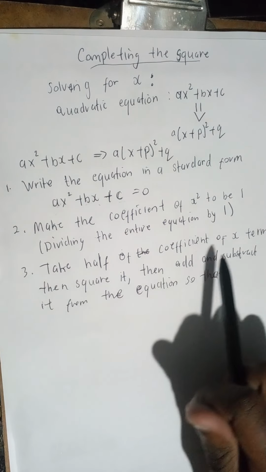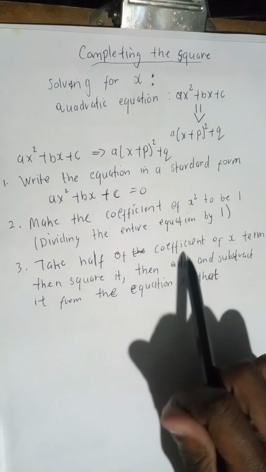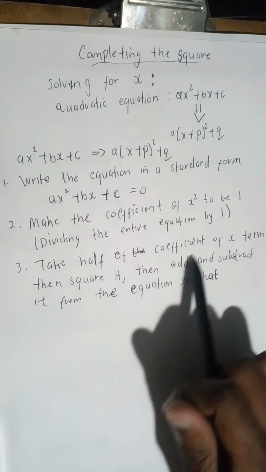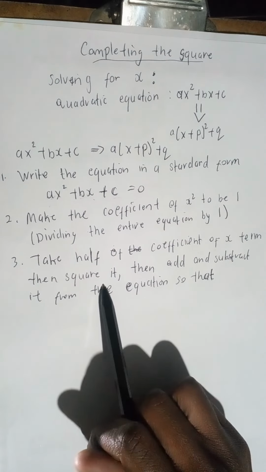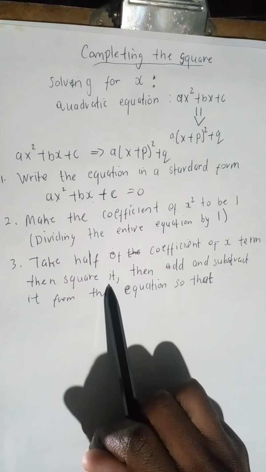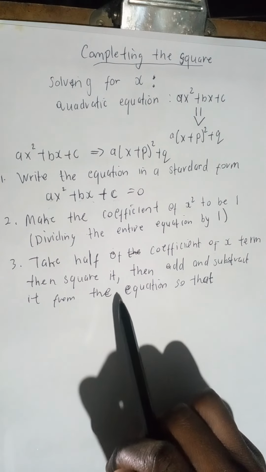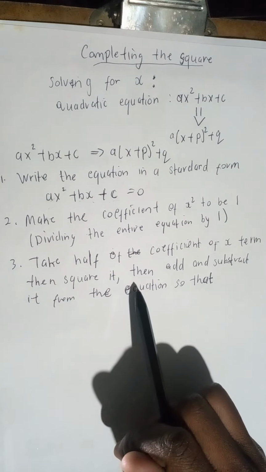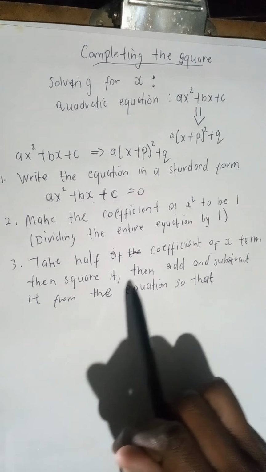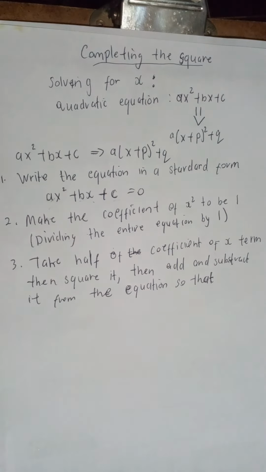The first thing you do here is take your coefficient of x, multiply it by half, and then square it. Then after squaring that expression, you put it inside your bracket, and you add it and subtract it from the equation.